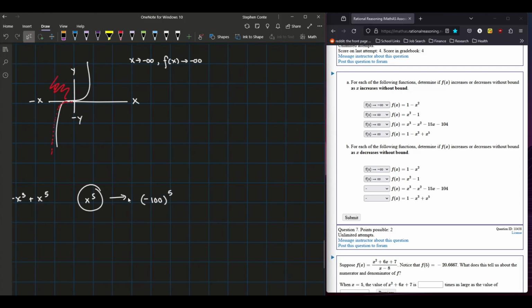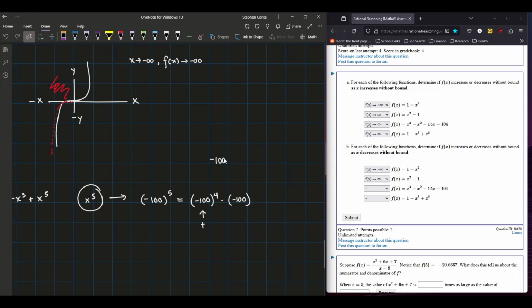Okay, well, negative 100 to the fifth is the same thing as negative 100 to the 4th times negative 100 again. Right, so this is going to be a positive number because you're taking two squares and multiplying them together, right?